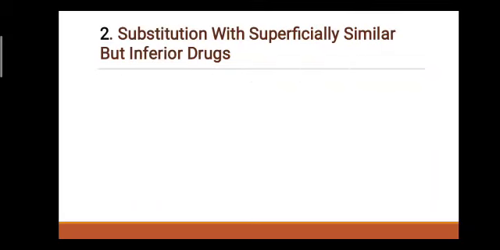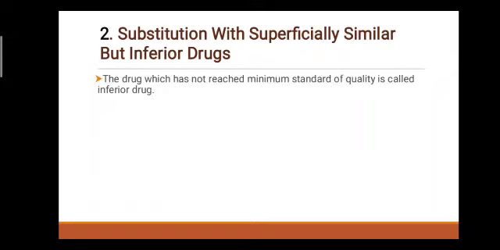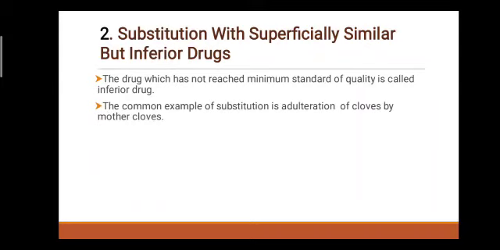Second, substitution with superficially similar but inferior drugs. The drugs which have not reached minimum standard of quality are called inferior drugs. The common example of substitution is adulteration of cloves by mother cloves.